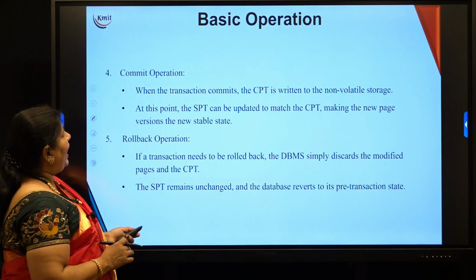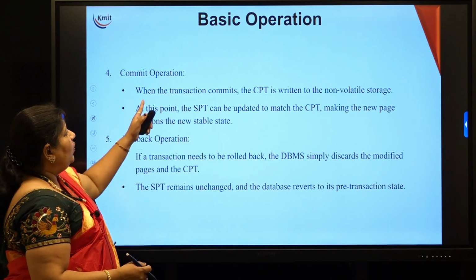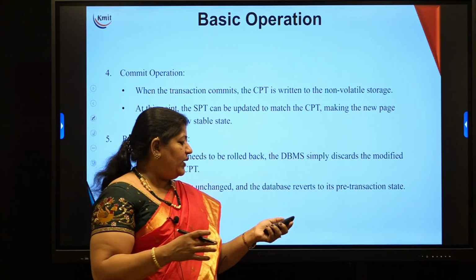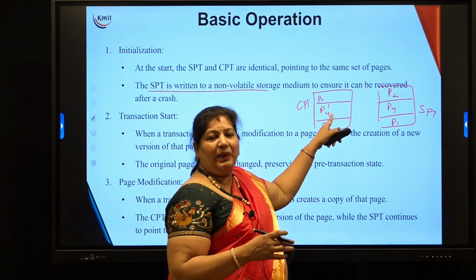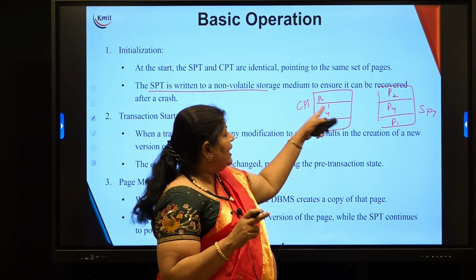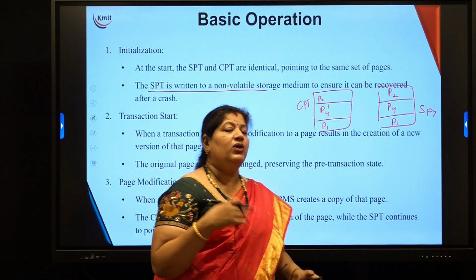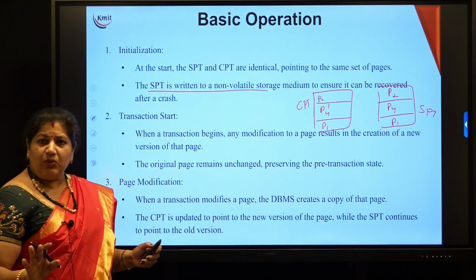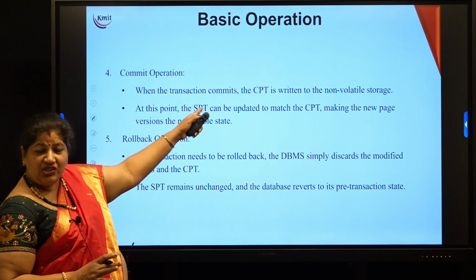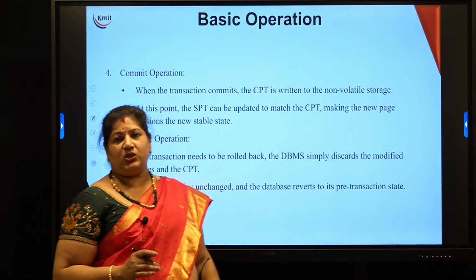Now let us see what happens when a commit operation has to happen. Whatever changes you are doing to this particular page, the current page table is pointing to that. Operations are done, everything was successful, and a commit is written. When the transaction commits, the CPT is written to the non-volatile storage.